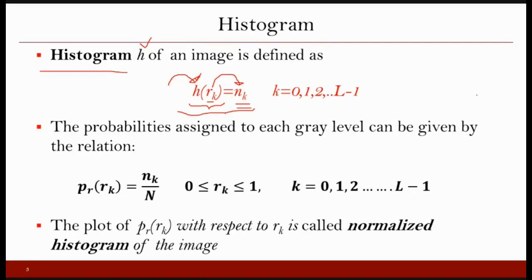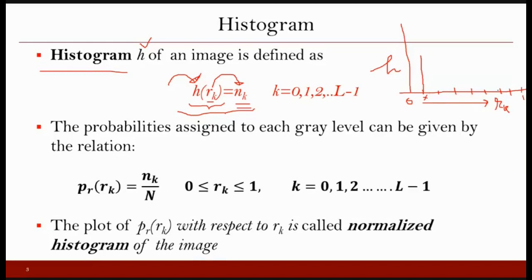We'll talk about the discrete and continuous cases one by one, first the continuous case and then the discrete case. In the discrete case, the histogram simply means that on your x-axis you have r_k, which denotes the possible gray levels, in our case between 0 and 1. For a particular gray level, you plot how many pixels you have, and that defines h for that r_k.